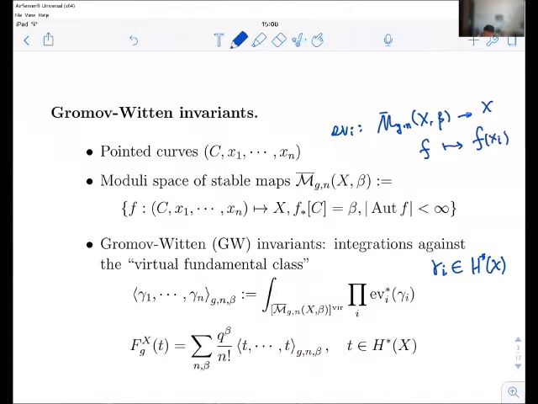Then we can pull back these cohomology classes to this moduli space, and we define the Gromov-Witten invariants to be the following intersection numbers.